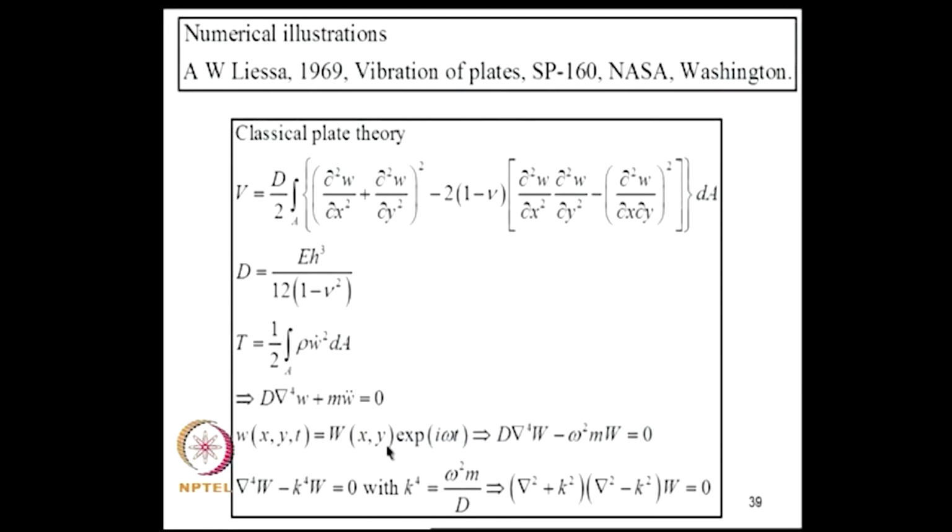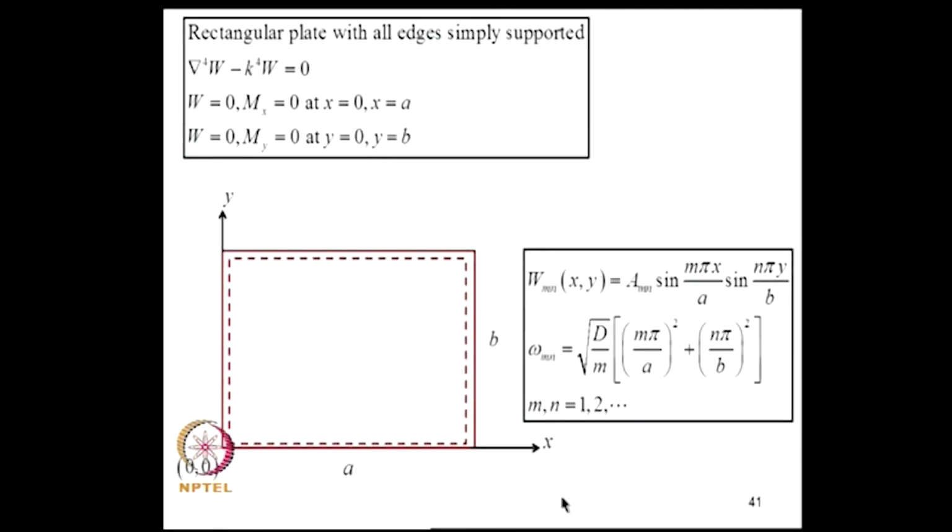So, we have assumed this harmonic solution, and we have got this equation, and this equation in fact constitutes an eigenvalue problem, where now the operator here is a partial differential operator. For a rectangular domain with all edges simply supported, the boundary conditions will be W and Mx will be 0 at x equal to 0 and x equal to a, and W and My will be 0 at y equal to 0 and y equal to b.